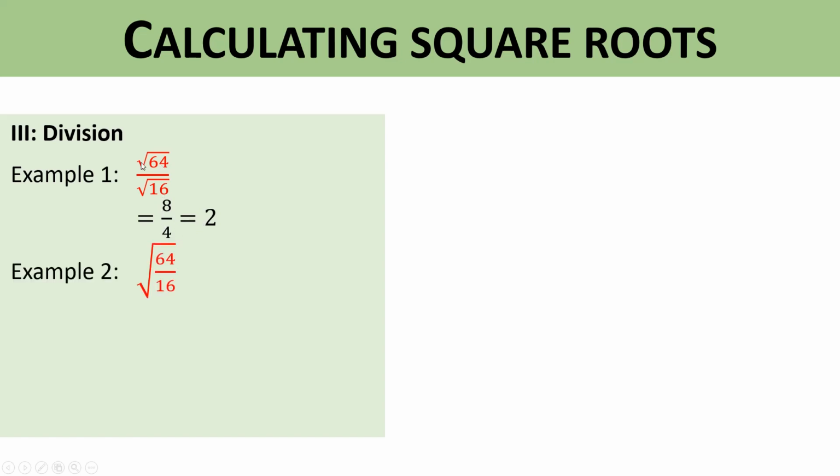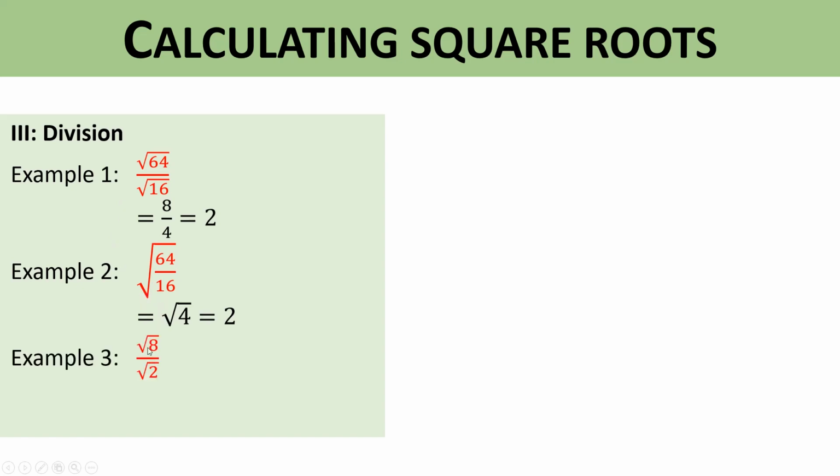Now, what if we, instead of taking the square roots first, divide these numbers first and then take the square root of the result? What do we get? 64 divided by 16, that's 4. So we are actually taking the square root of 4, and that's 2. So just like with multiplication, these two are the same and we can switch between them whenever it suits us.